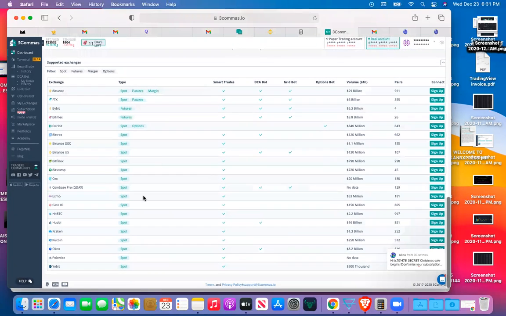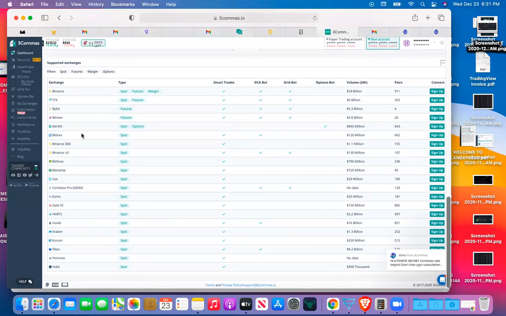So you can see the exchanges Bybit, Bittrex, Binance DEX, Binance Euros, Bitfinex, Bitstamp, Zex, Coinbase Pro, Xmo, Gate.io, HitBTC, Huobi, Kraken, and then KuCoin, OKX.